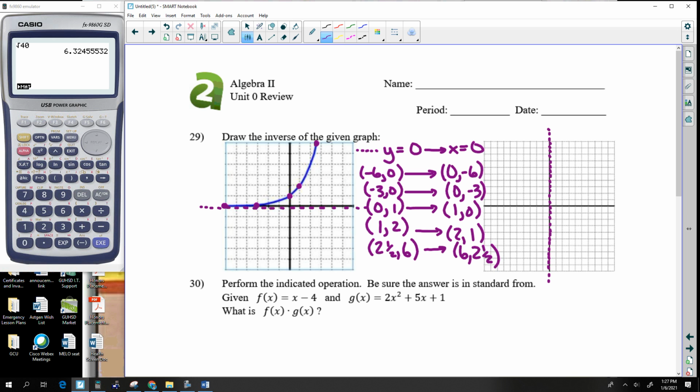I have points at (0, -6), (0, -3), (1, 0), (2, 1), and (6, 2.5). Easy peasy.